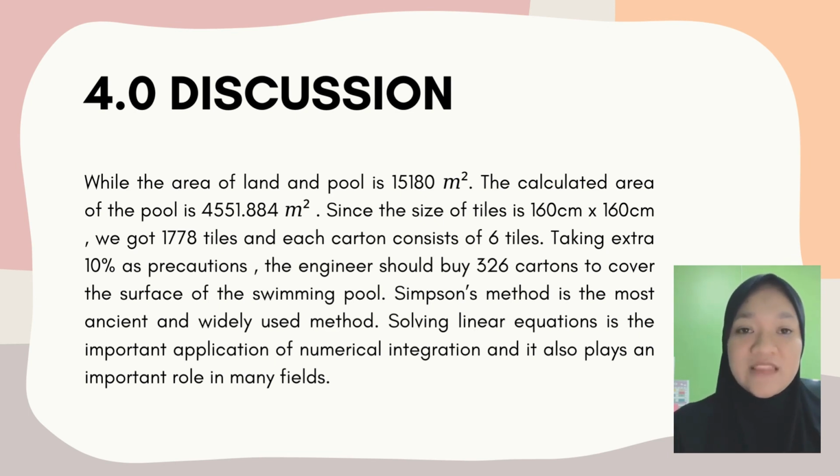Taking a 10% precaution, the engineer shall buy 326 cartons to cover the surface of the swimming pool. Simpson's method is the most ancient and widely used method in solving numerical problems in civil engineering. That's all from me. Thank you.